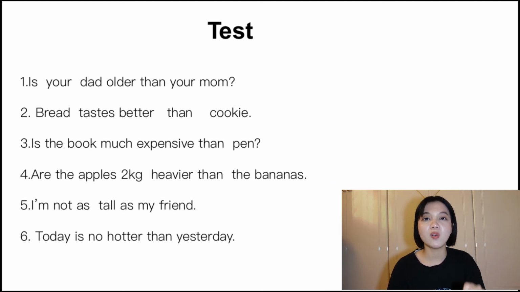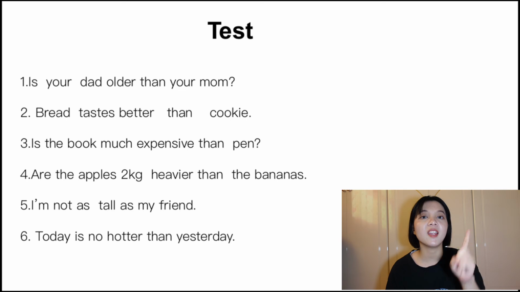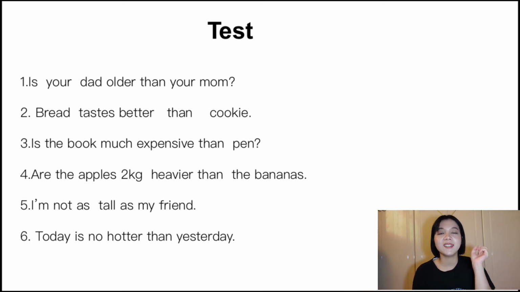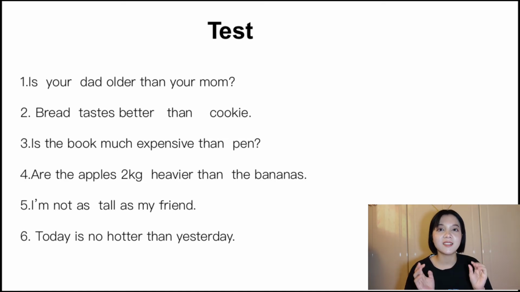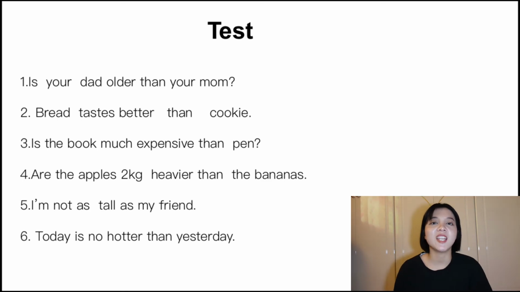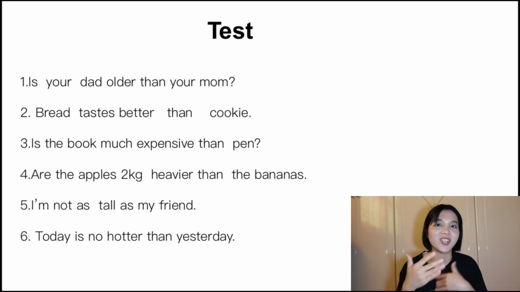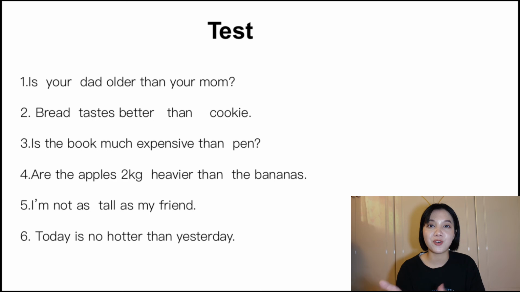Are the apples 2 kilos heavier than the bananas? Apples 苹果, banana 香蕉, and 2 kilos 2000克. Sentence 5. I'm not as tall as my friend. Friend is 朋友. Sentence 6. Today is no hotter than yesterday. Remember, you need to use the negative form here.